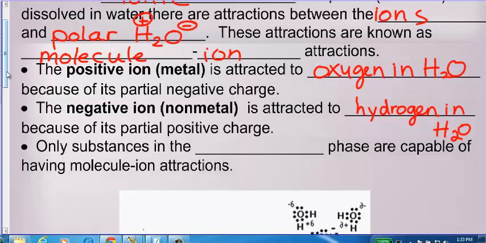You're only going to get these molecule ion attractions when you take salt and dissolve it in water. So you need to be in the aqueous phase to have molecule ion attractions. You need to be dissolved in water.